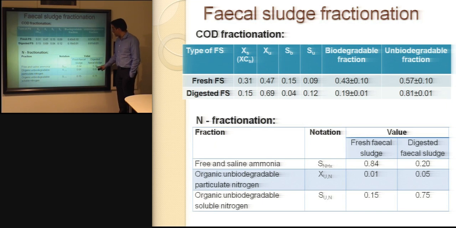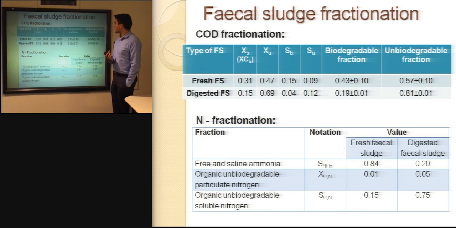In a similar way, the organic unbiodegradable particulate nitrogen will also tend to accumulate in our system and will be mostly solids that will start to build up in our wastewater treatment plant.